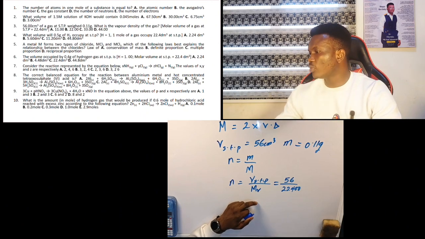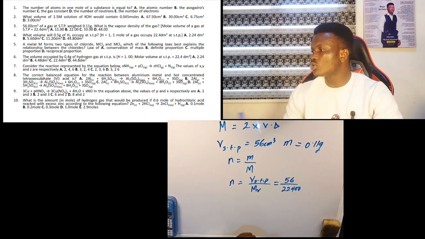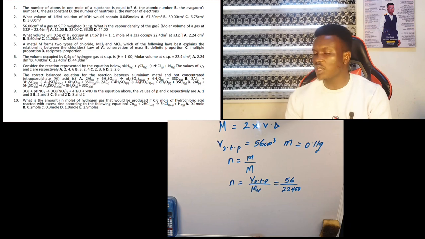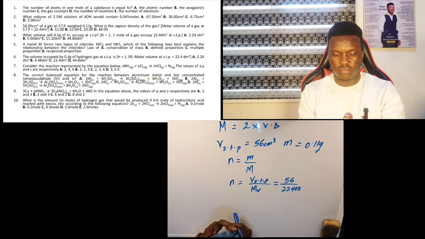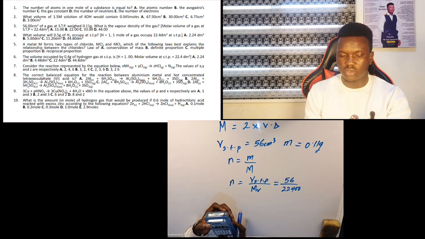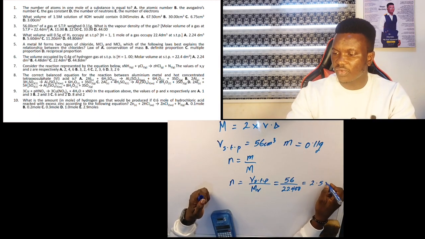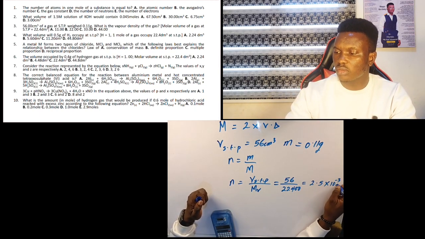If you are given the volume in cm cube, then you will use 22,400. If you are given in dm cube, you use 22.4, but now you are given in cm cube. So you now say 56 divided by 22,400. That's equal to 2.5 times 10 raised to power minus 3 mole.